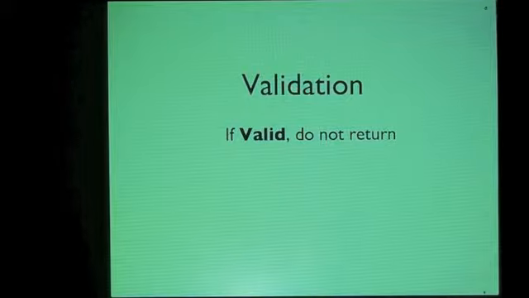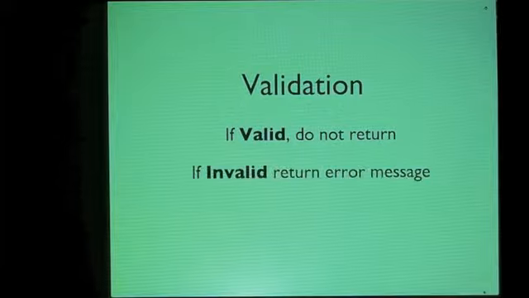None of this will probably make sense until I just show you the code. Your validation method is structured like this. You have a validate method. Inside of that validate method, you check the properties passed into it that are changing. If they look valid to you, you don't do anything.